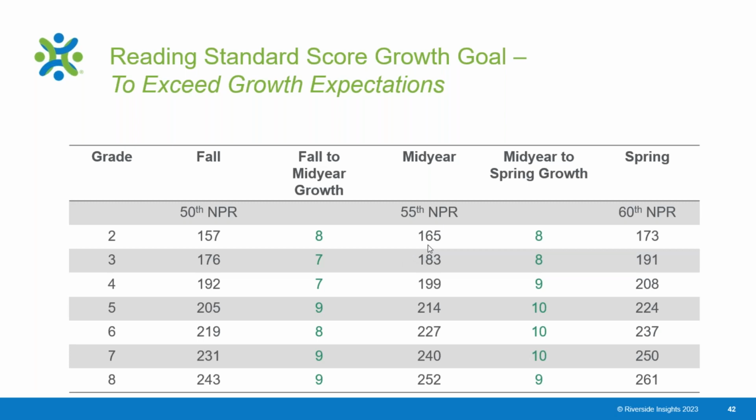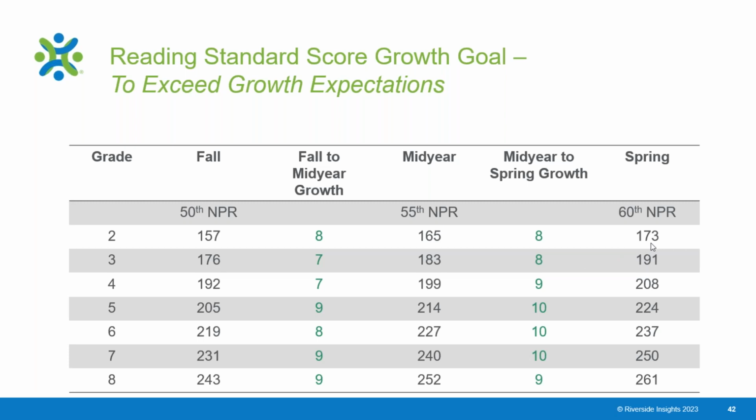And you can see the scale score differences from a 157 to a 165. I need to grow 8 points in order to up myself to a 55th percentile, or another 8 points by spring to increase my status to a 60th percentile.